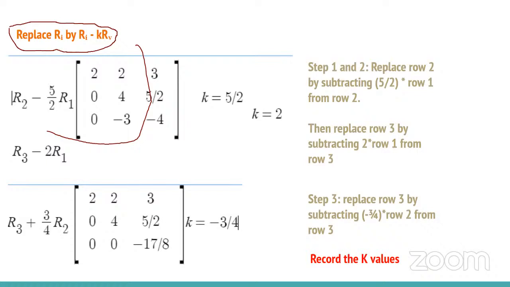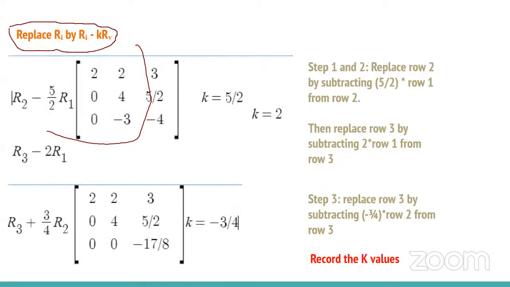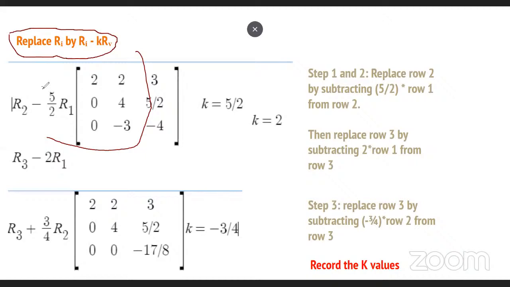The first calculation that we use here is R2 minus 5/2 times R1. If we apply this calculation to our original equation here, it will give us 0, 4, and so on. The 5/2 here is our k value.